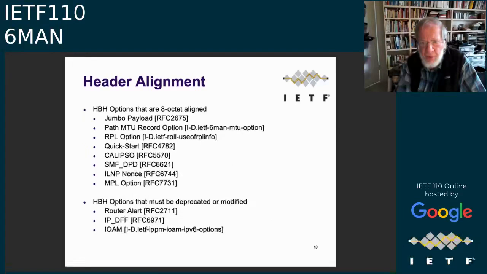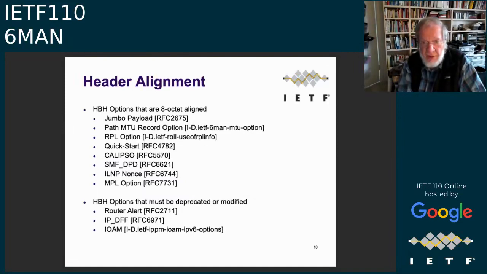And so I went through the existing options, and this lists the options that are hop-by-hop options. There are some other options that are either deprecated or are destination header only options, so I'm not showing those.